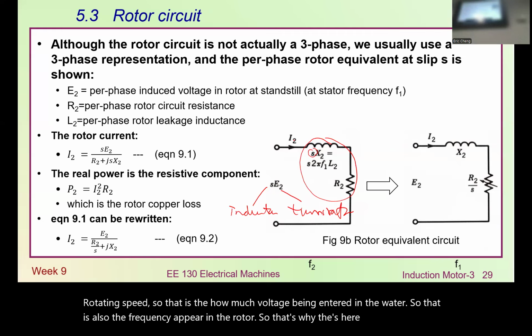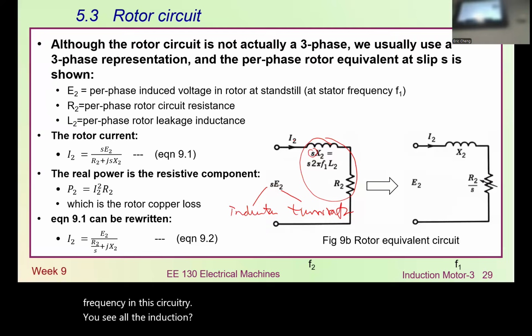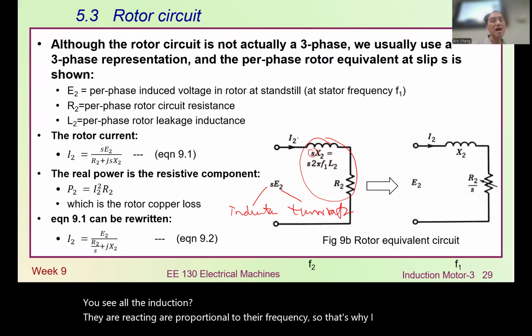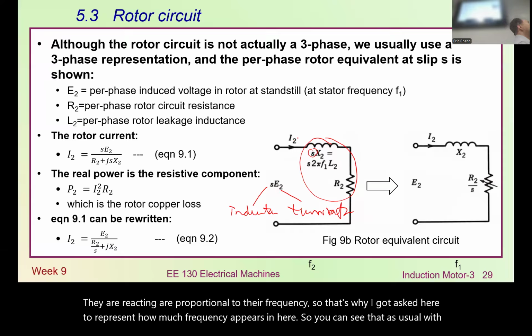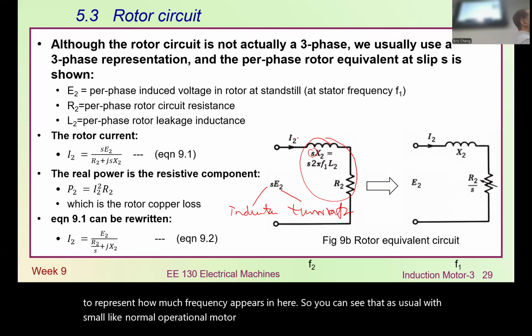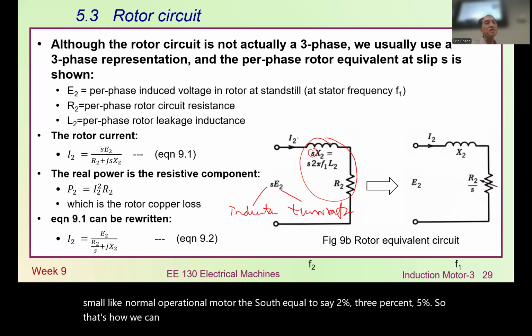All the inductances and reactances are proportional to the frequency, so that's why I have S here to represent how much frequency appears here. You can see that S will usually be small. In a normal operation motor, S equals say 2%, 3%, 5%.